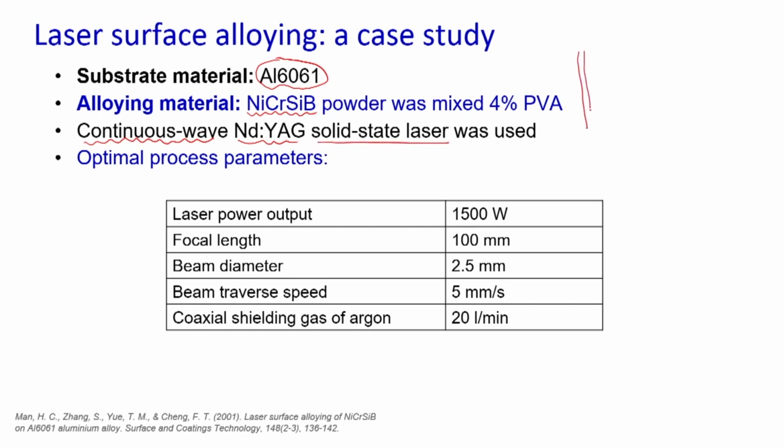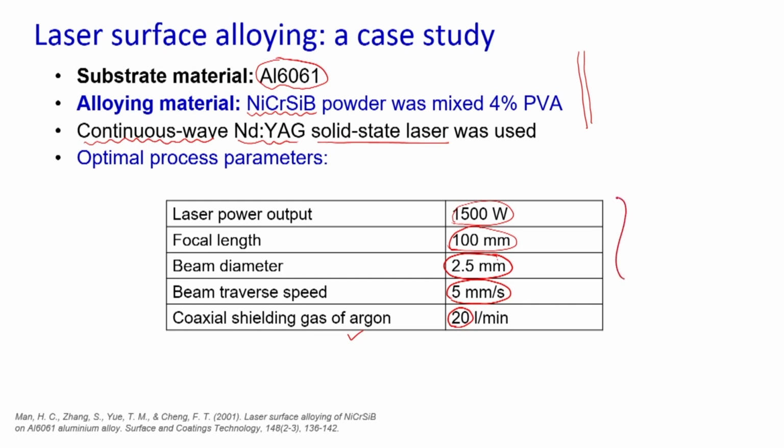and after deciding the substrate material and the alloying material, a lot of experiments were carried out, and it was noticed that a power of 1500 watt, focal length of 100 mm, beam diameter of about 2.5 mm, beam traverse speed of 5 mm per second, and the coaxial shielding gas of argon flowing at a rate of 20 liters per minute.